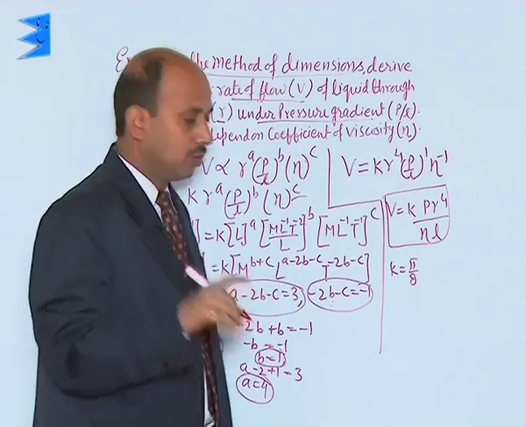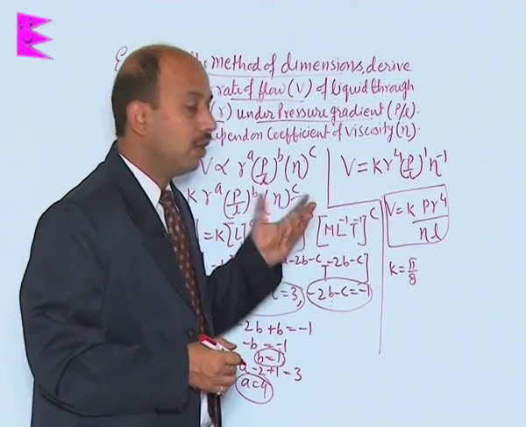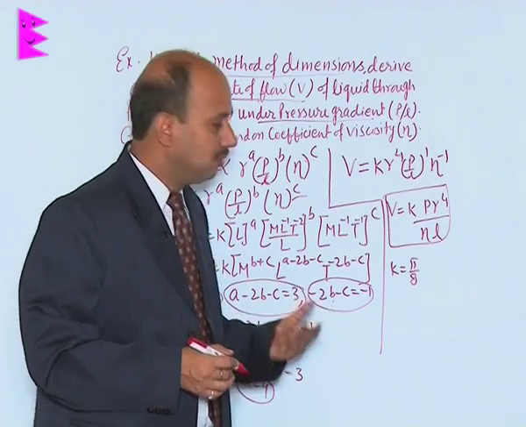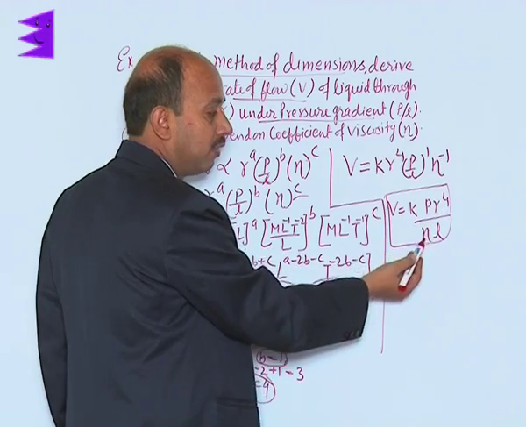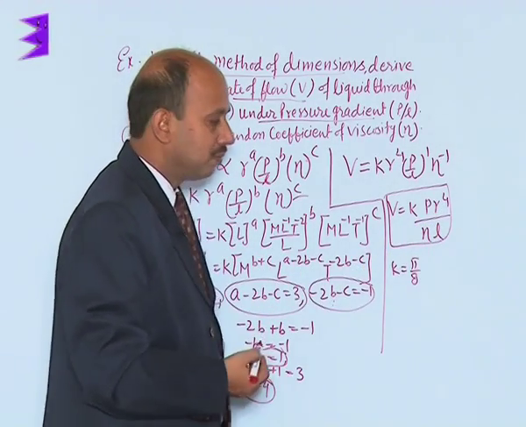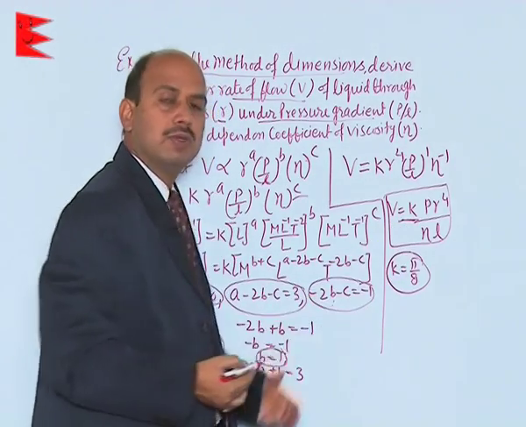But as I have told you, if in any equation there is a dimensionless constant, then we cannot derive it by using dimensional equations. So, the actual formula for this is pi upon 8 P R raised to power 4 upon eta L, which is here K. So, I have written just K because we do not know.